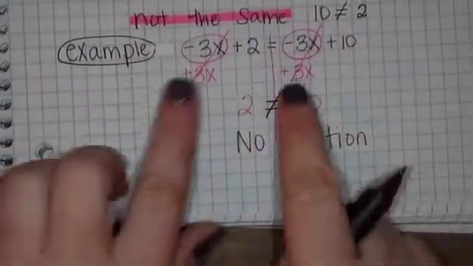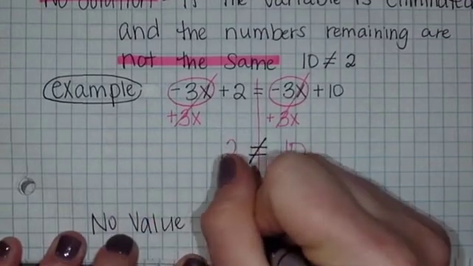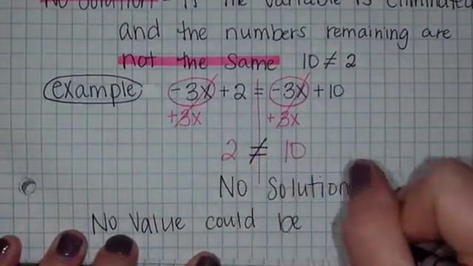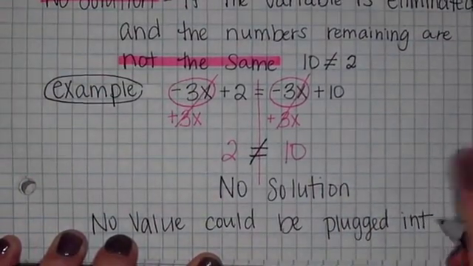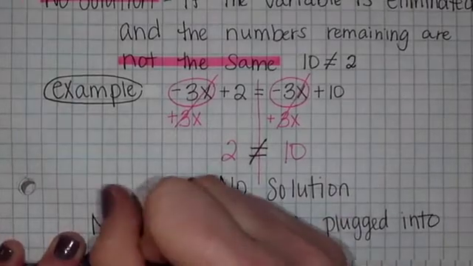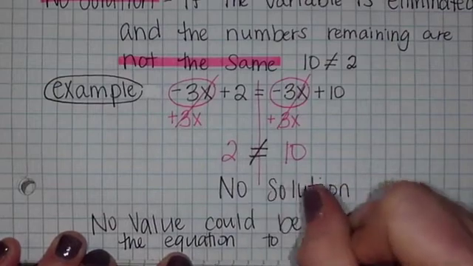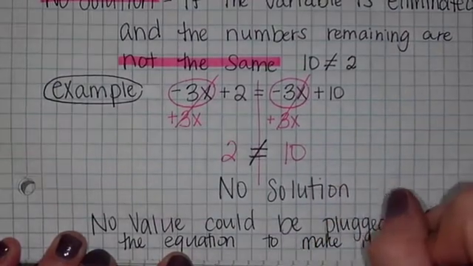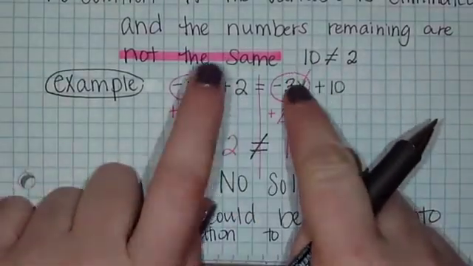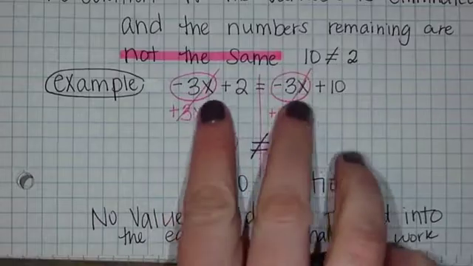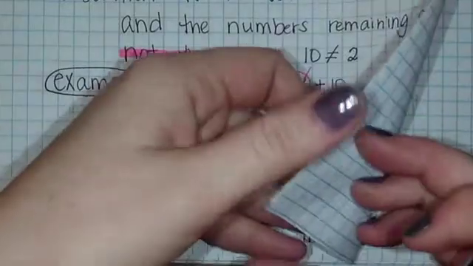And that means that no value could be plugged in to the equation to make it work. So I could plug 2 in, I could plug 10 in, neither one of them is going to give you a value that makes them true or work.